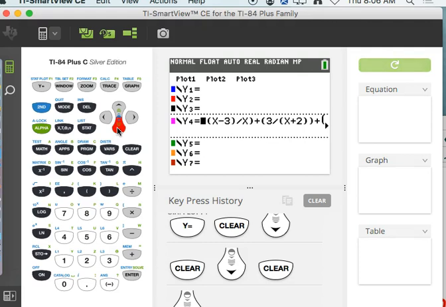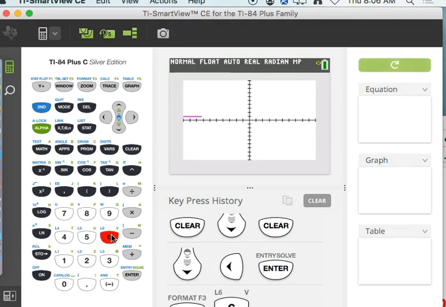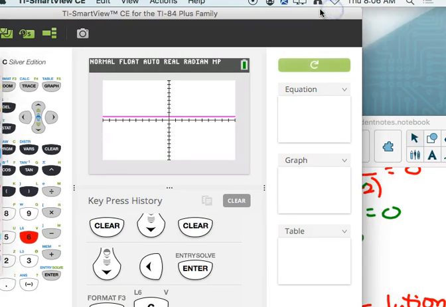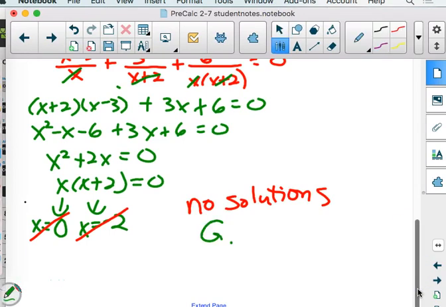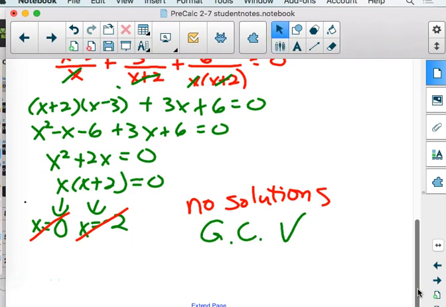Now, that equals 0. So what we're looking for is x-intercepts for that monster graph. All that, and we get a straight horizontal line. It's never going to hit the x-axis. So we put GC, check, got it, been there, done that, got the t-shirt, it isn't working.